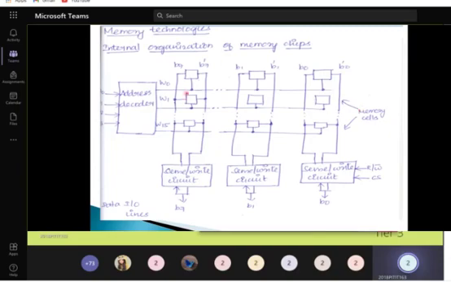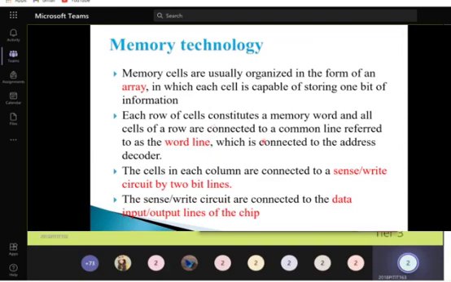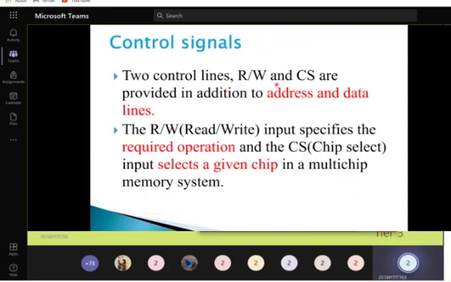Also, how a word line is located, the memory cells holding each bit of information, and the internal organization of the memory chips. So that full memory technology.